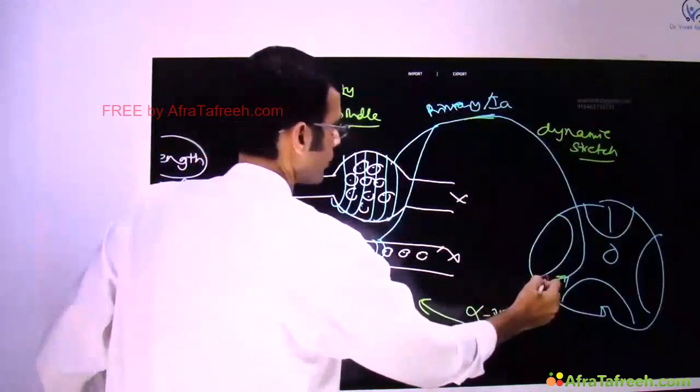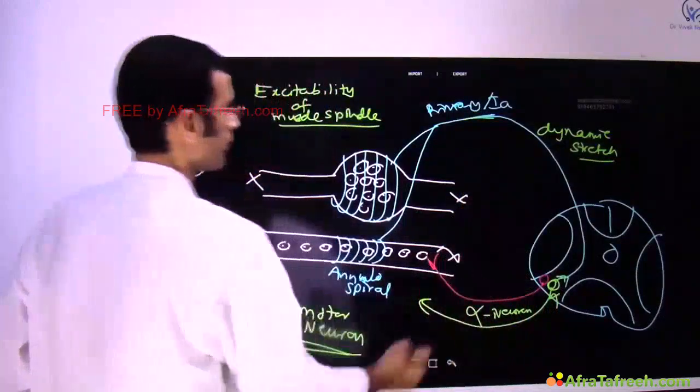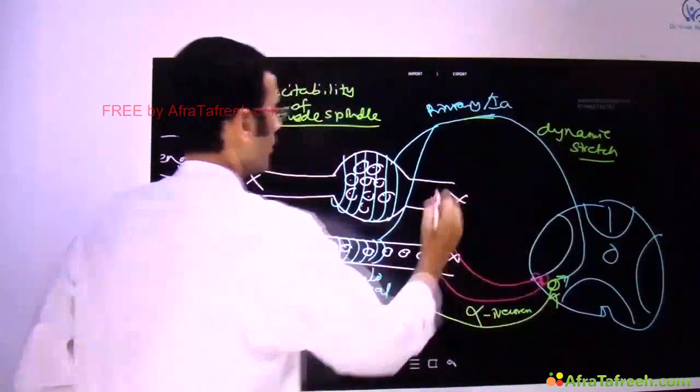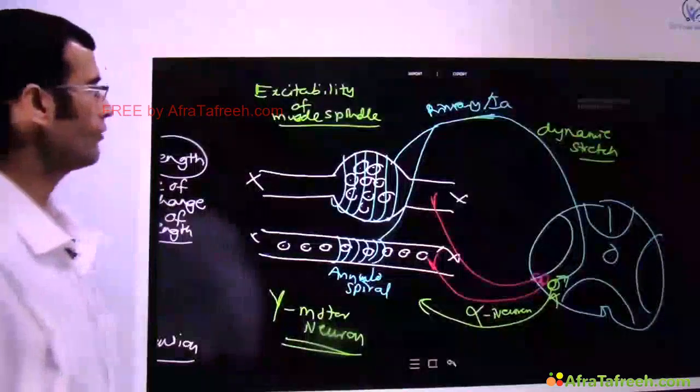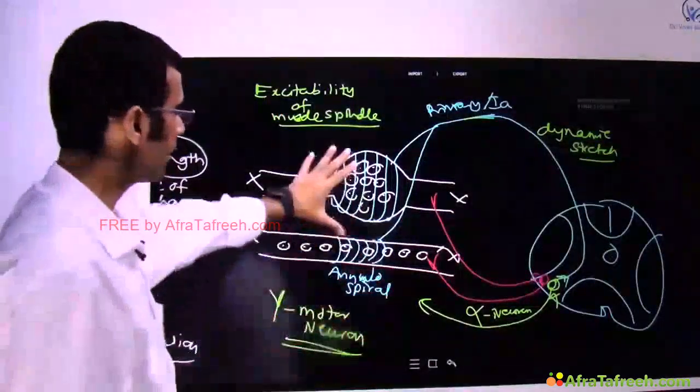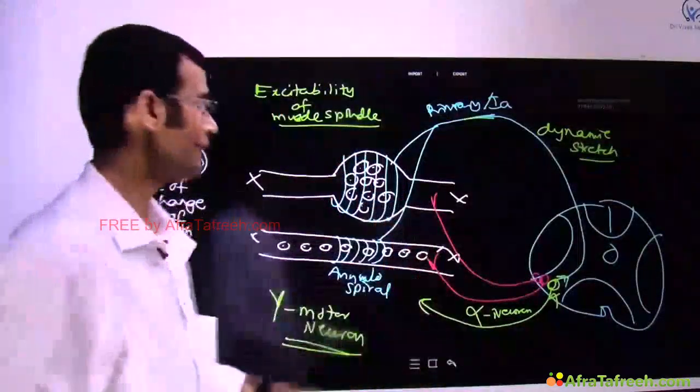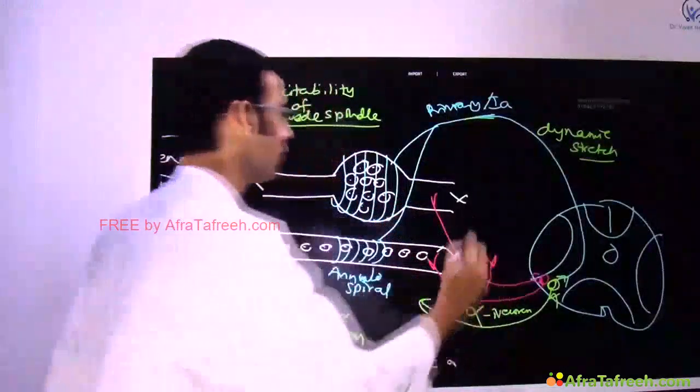So gamma motor neuron, by pulling the ends of the intrafusal fibers, maintains the excitability of the receptor portions. That's the job of gamma motor neuron.